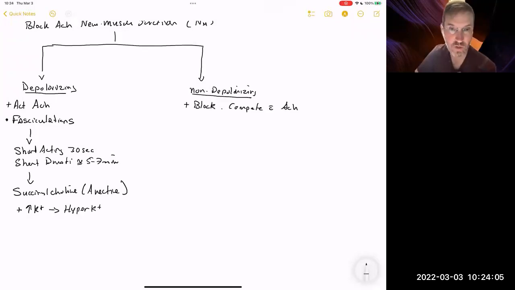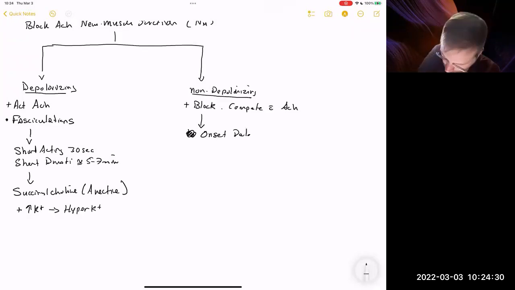They prevent acetylcholine from activating and causing contraction of the muscles. Because they have to compete with acetylcholine, it takes a little longer for them to work, so their onset is delayed.